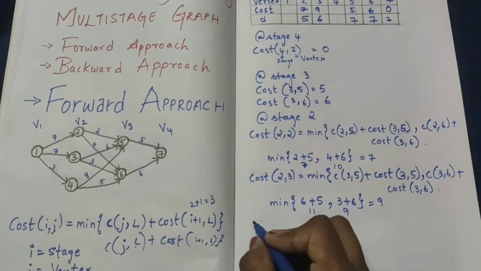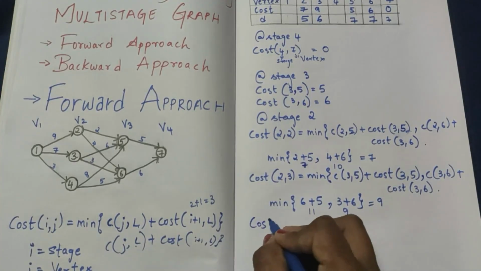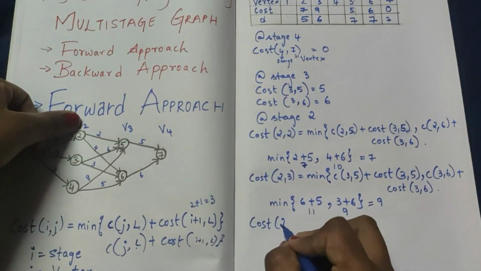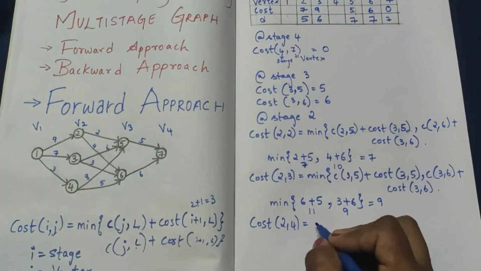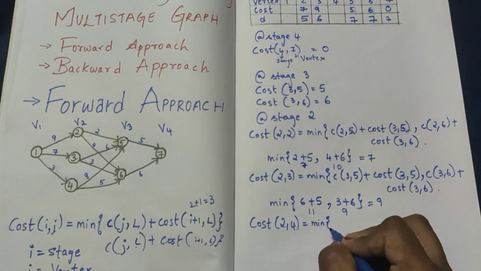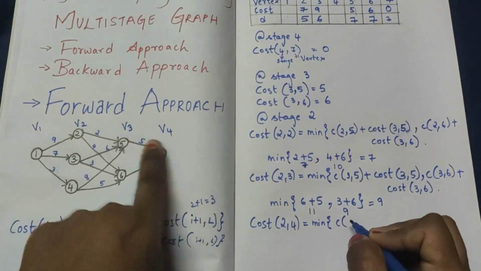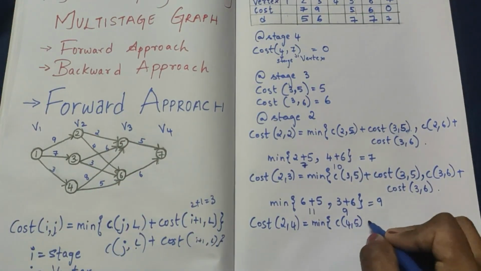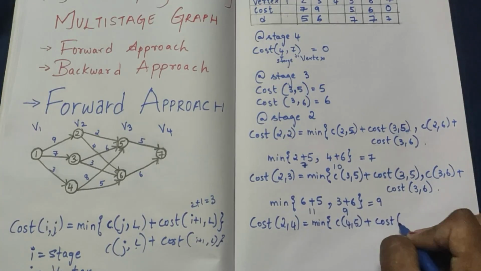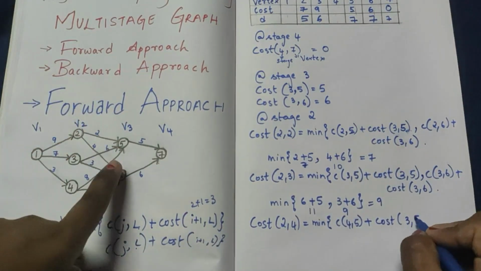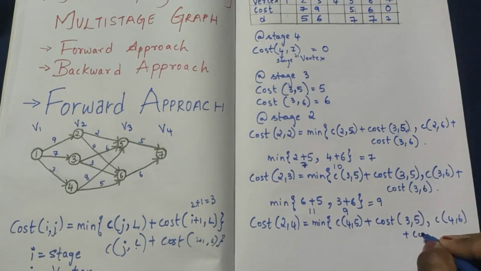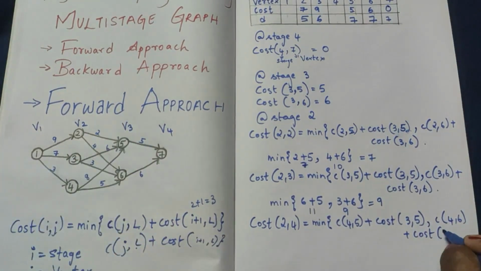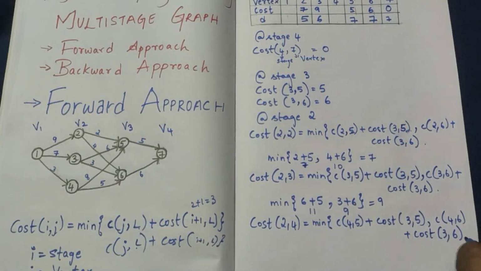Now we'll find the next cost. Stage 2 vertex 4. So this also has 2 arrows, so I'll be finding out the minimum values. C of 4 to 5 plus cost of stage 3 node 5. C of 4 to 6 plus cost of stage 3 node or vertex 6.